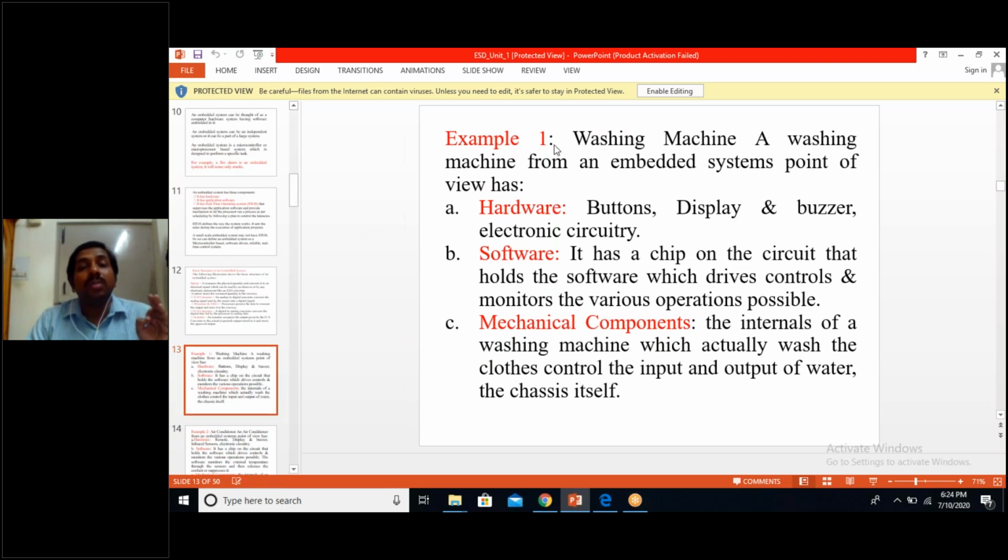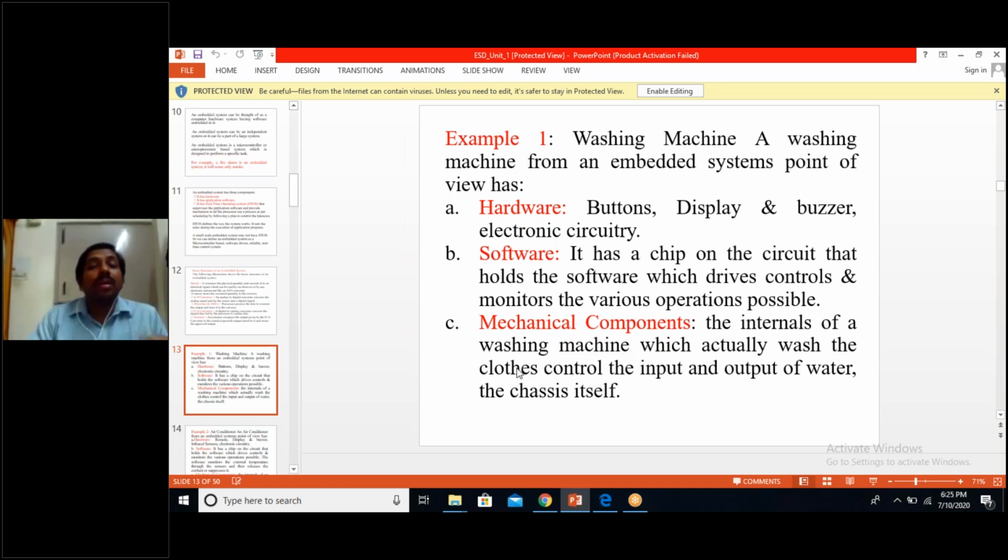From a hardware point of view, a washing machine is an embedded system where the hardware consists of buttons, displays, and electronic circuitry. From the software point of view, it will have a chip which holds the software, and it will control all the operations.